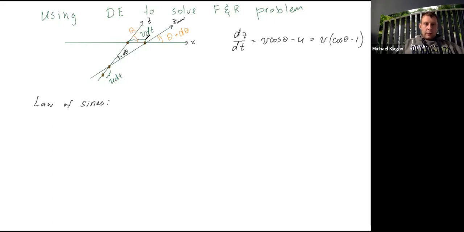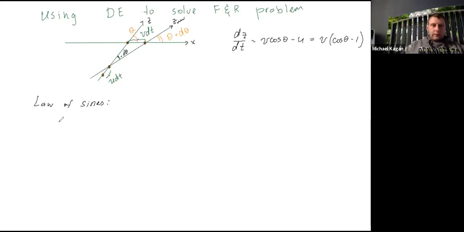So if we take this side divided by the sine of this angle, we get this side divided by sine of this angle, which is the same as sine theta.